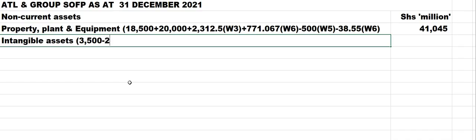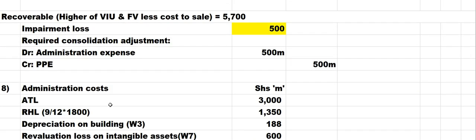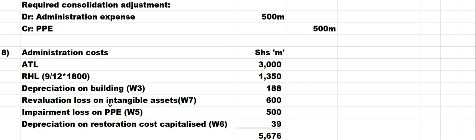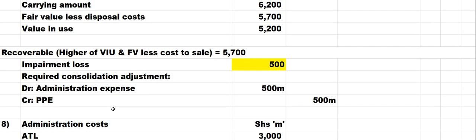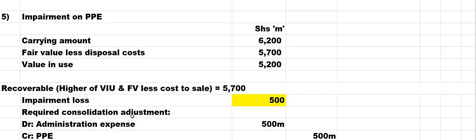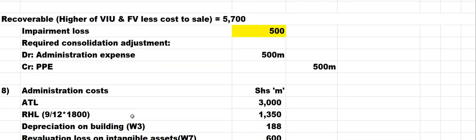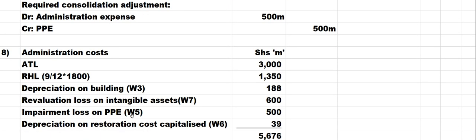The impairment loss was 2,100. That is from working number what? Impairment loss. Working 7. No, it's not working 7.